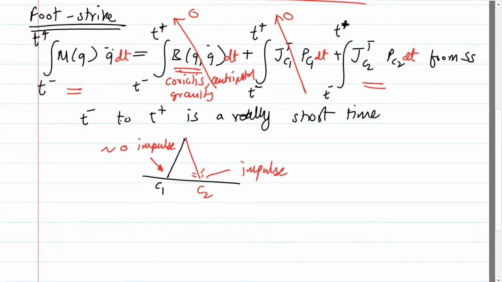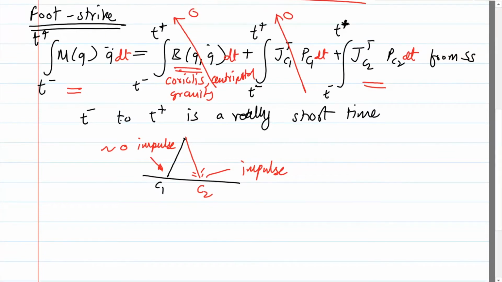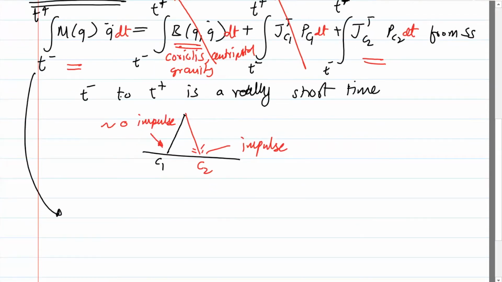So let's integrate this now. We get M q, and I'm going to integrate q double dot, and that's going to be q dot. The integral of q double dot, the acceleration, is the velocity. I'm going to put q dot positive to indicate the instant after foot strike, t plus, minus q dot negative.